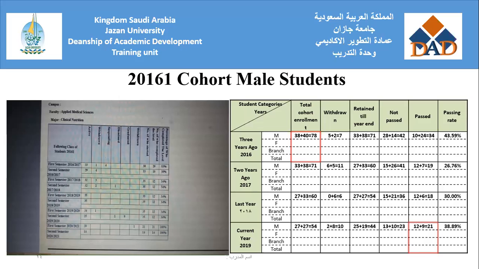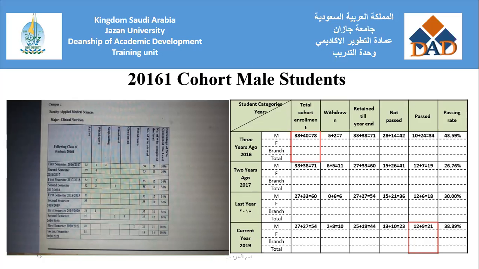So I have taken 5 students as withdrawn students, because of the 5 students like 1 plus 4, and the retained students out of 38, 5 students are withdrawn and the remaining 33 students continued the program.